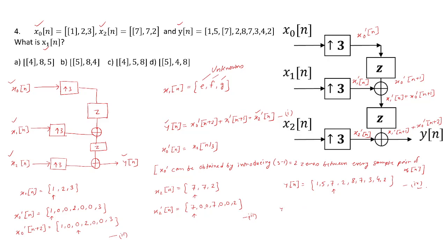Let us see. y of n minus x2 dash of n. We obtain, we see there's 1 and 5 going to be there, 7 is gone, then we have 2 8, then again this is 0, then again 3 4 10, then again 0.